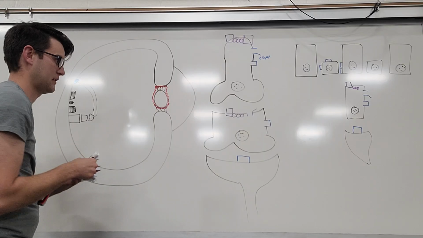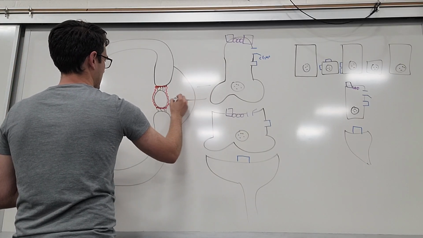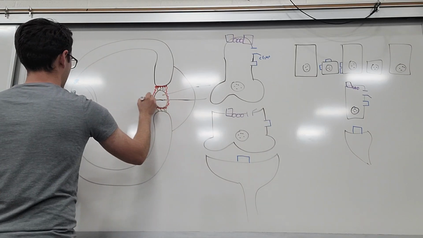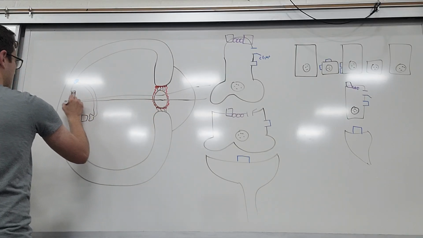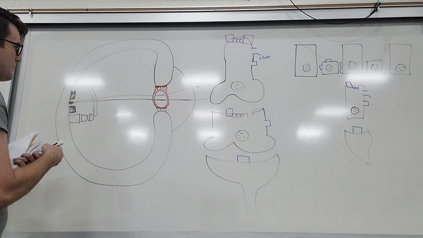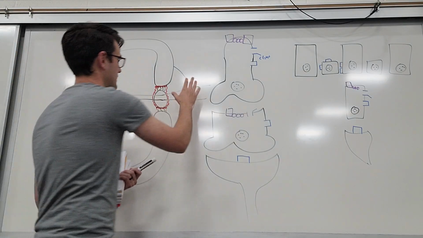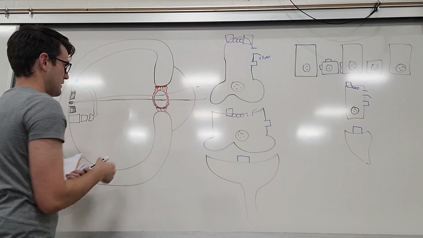So light comes in, hits our lens, and we want all that light to go through and focus on this focal point on the back of our retina. But depending on how far away something is or how bright it is, our lens needs to adjust to bend that light so it's able to focus here.